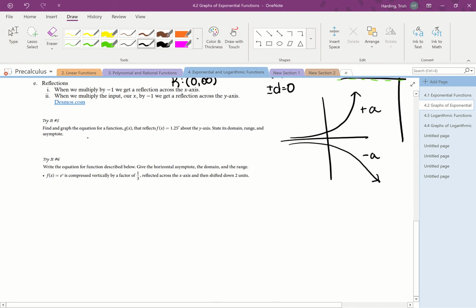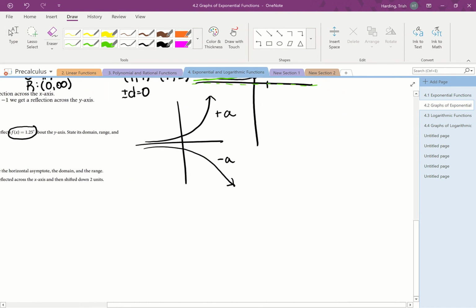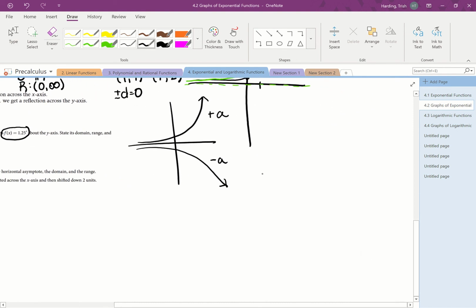So number 5, we are going to graph the function that reflects this about the y-axis. So we have f of x is going to now equal negative 1.25^x.